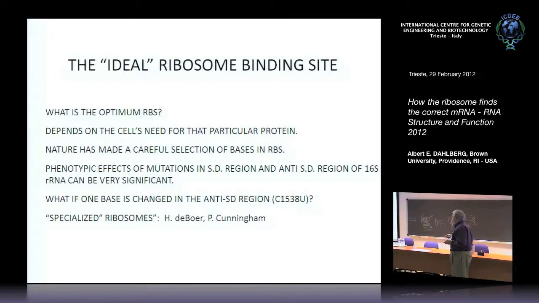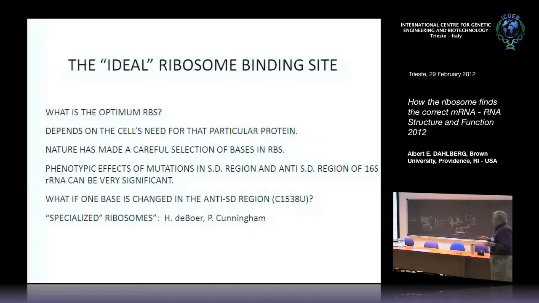Phenotypic effects of mutations in the Shine-Dalgarno and the anti-Shine-Dalgarno region. What about those? So just think about it. If you take a messenger RNA and you make a single base mutation in the region that is the Shine-Dalgarno region, you can actually step up or step down the level of translation. Okay? That's pretty obvious.